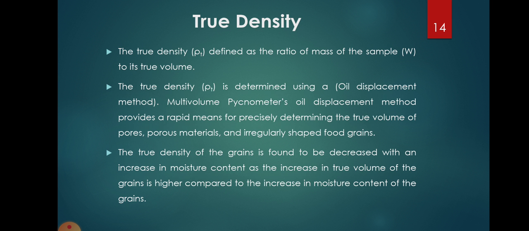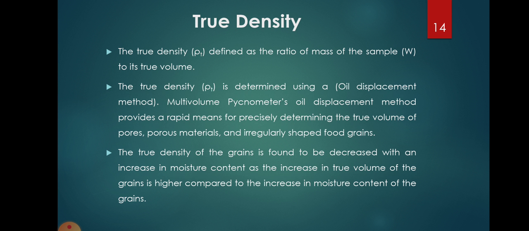So true density. The true density, denoted by rho t, is defined as the ratio of mass of the sample to its true volume. So there is a basic difference between the bulk density and true density. Bulk density is the density of a grain mass, whereas true density is the density of a single particle or single kernel.